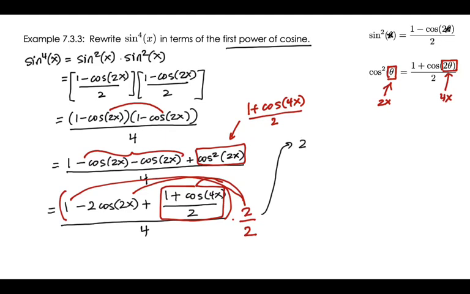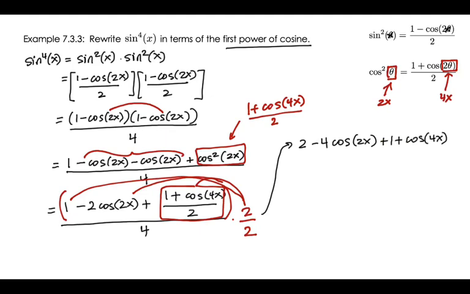I'm going to distribute a 2 in the middle, so I'll have minus 4 cosine 2x. And then when I multiply that red box, that whole fraction, by 2, it's just going to wipe out that denominator, that 2 on the bottom, and it's just going to leave me with 1 plus cosine 4x.